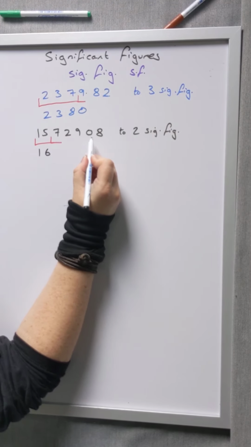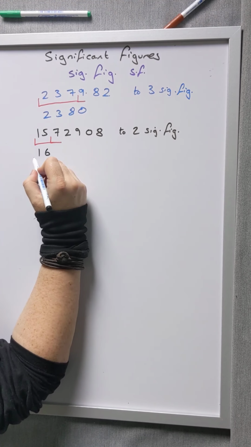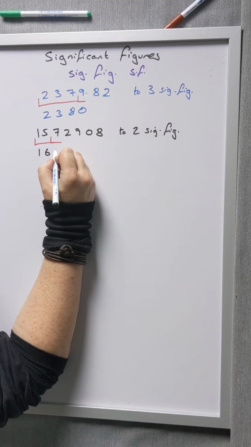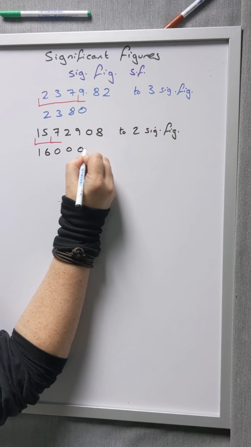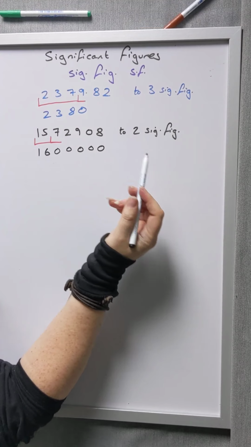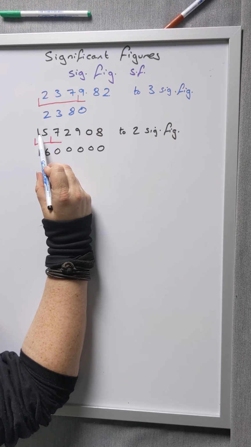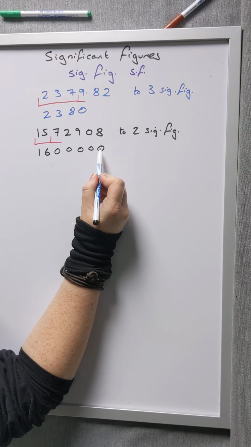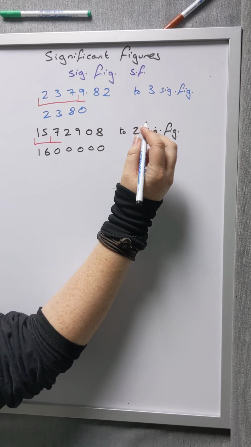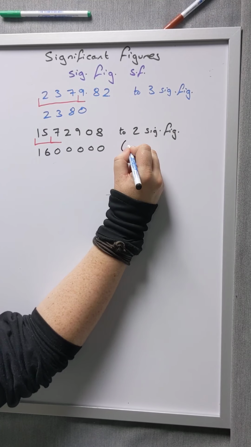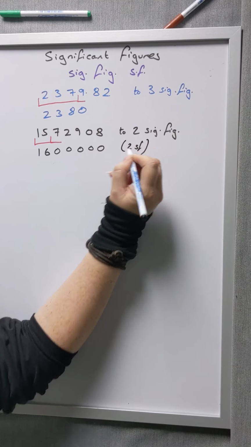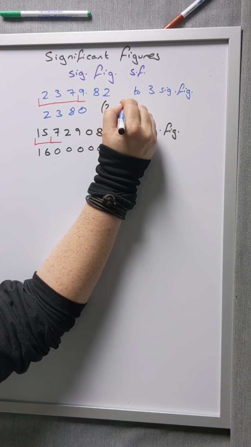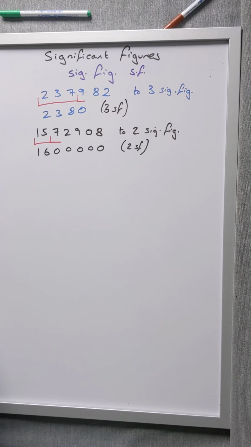But all these zeros matter because we still need to place hold for how far away the decimal point is. Just check we've got the same number of numbers. 1, 2, 3, 4, 5, 6, 7. We're fine. You should always write your 2SF. I should have written there my 3SF. Right.